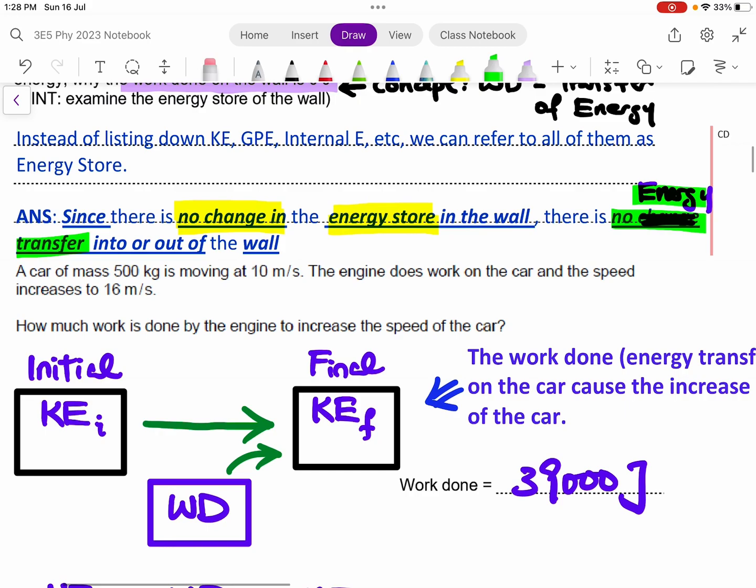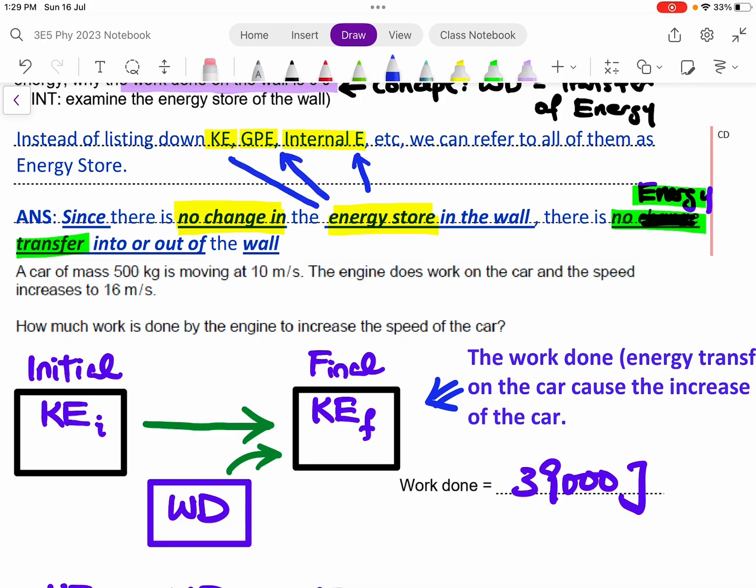You need not use the keyword energy store, but you can highlight that there's no change in KE, GPE, or the internal energy, which is affected by temperature. This way of answering is actually very good because it is very concise.